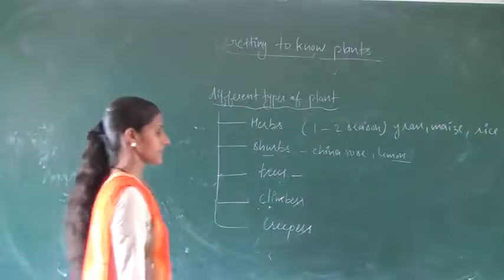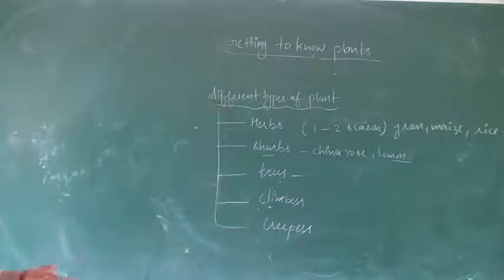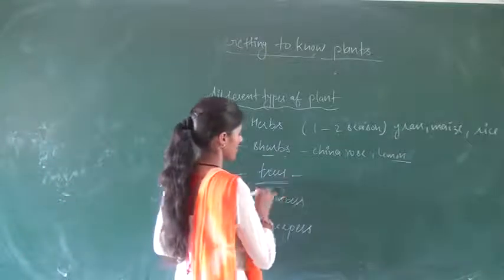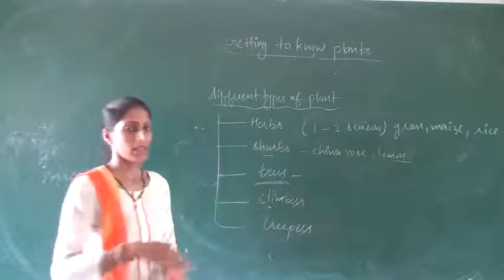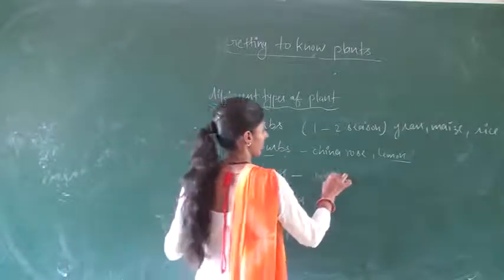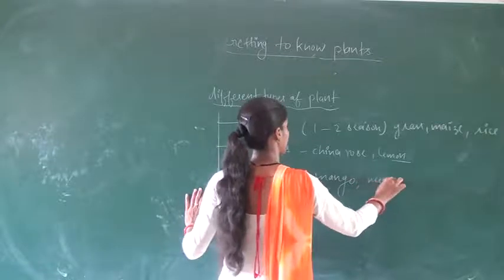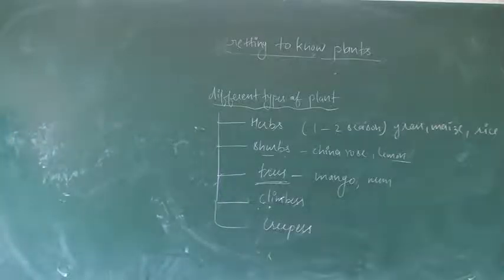Branches of trees arise some distance above the ground. For example, mango tree, neem tree, banyan tree, etc.